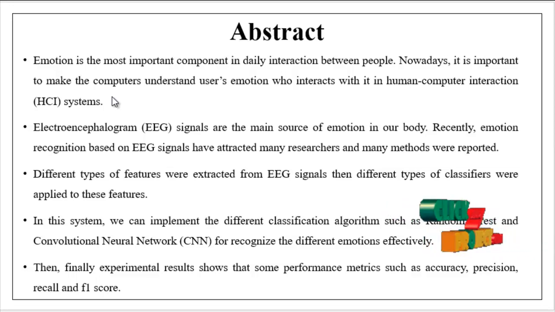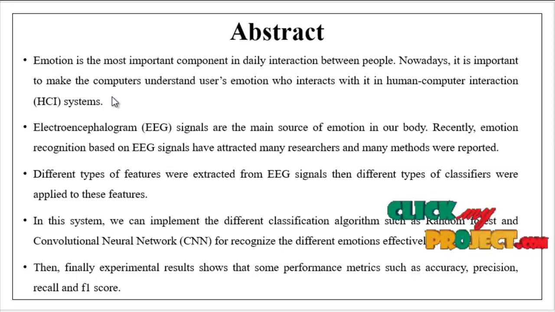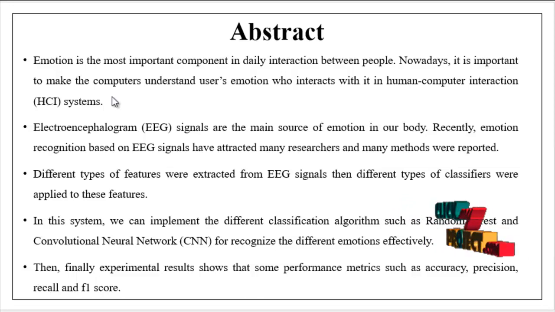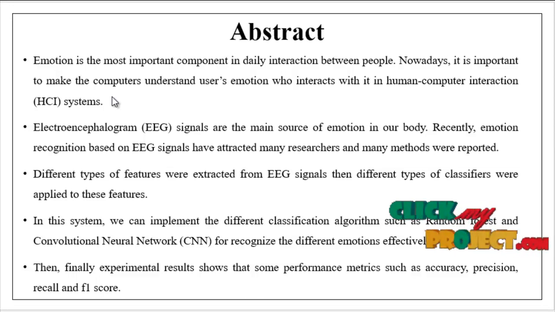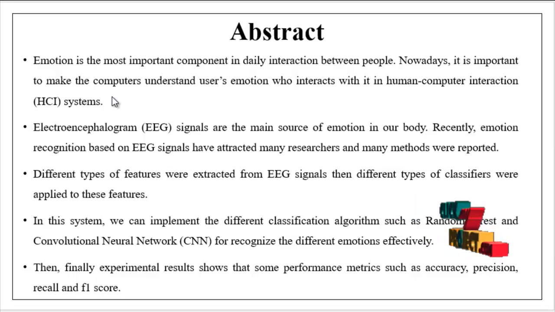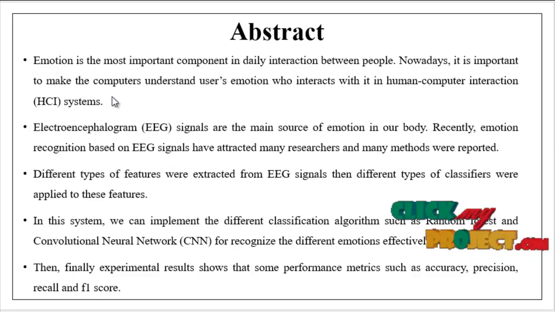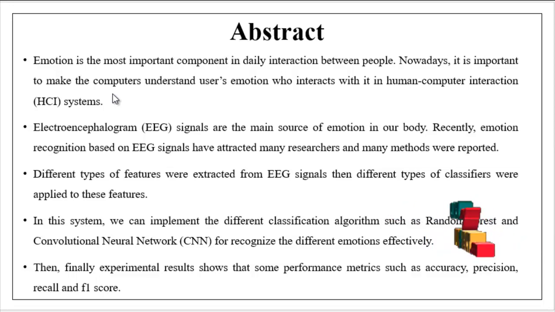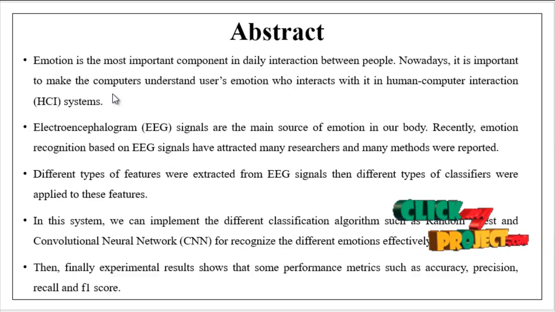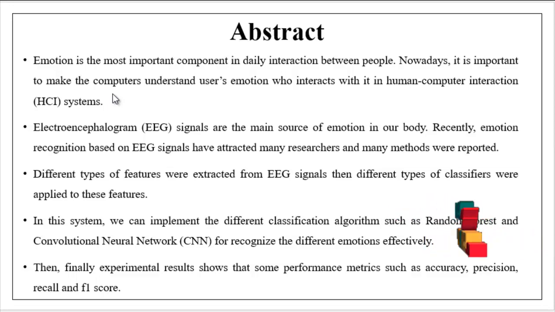In the system, we implement different classification algorithms such as random forest and convolutional neural network for recognizing the different emotions effectively. Then finally, we estimate performance metrics such as accuracy, precision, recall, and F-score. Then we compare both algorithms based on accuracy. So this is the abstract of our project.